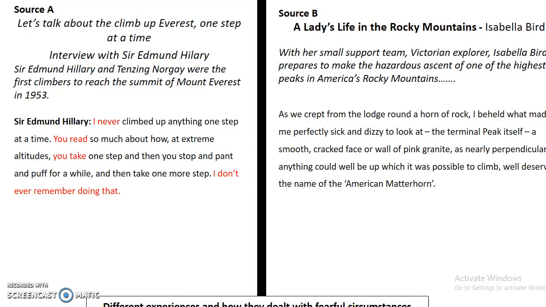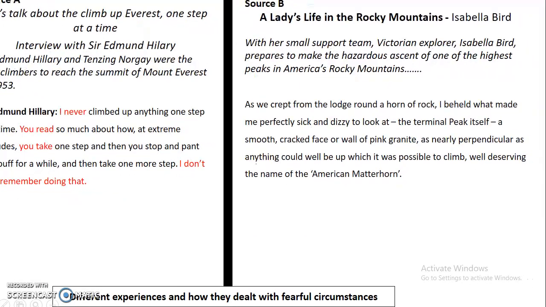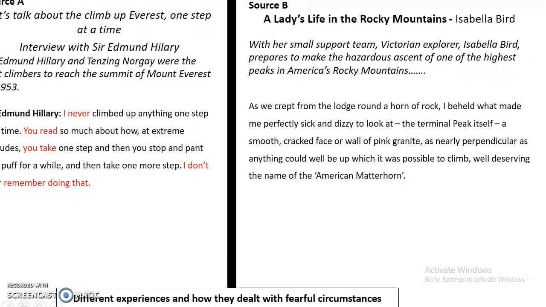On the other hand, if we look at source B, what's the fearful circumstance again, people? It's that of climbing a mountain, the American Matterhorn. And she mentions, as we crept, look at that reference to that verb crept, that dehumanizing verb.